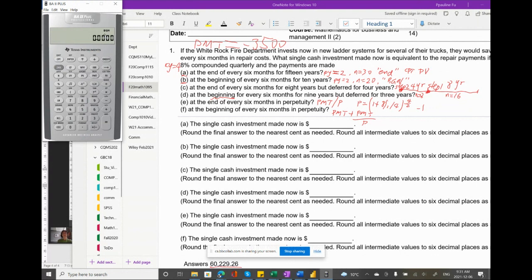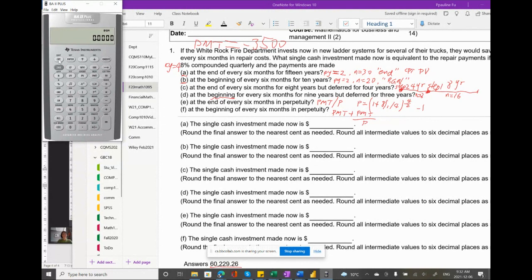At the beginning of every 6 months for 10 years, so PY is 2. 10 years, N equal to 20. It is begin mode. Okay, so let's enter the numbers. Double check PY is 2, CY is 2.